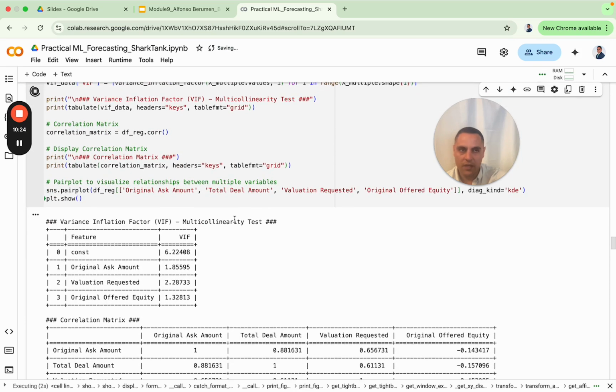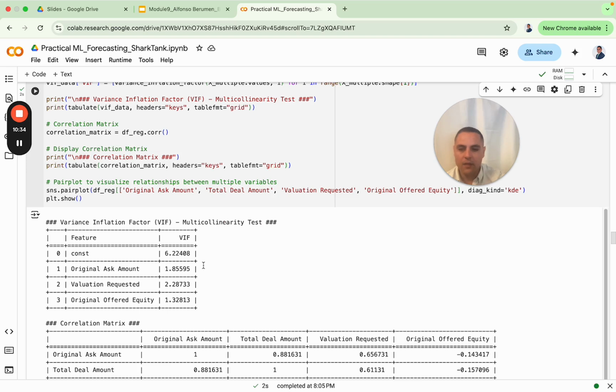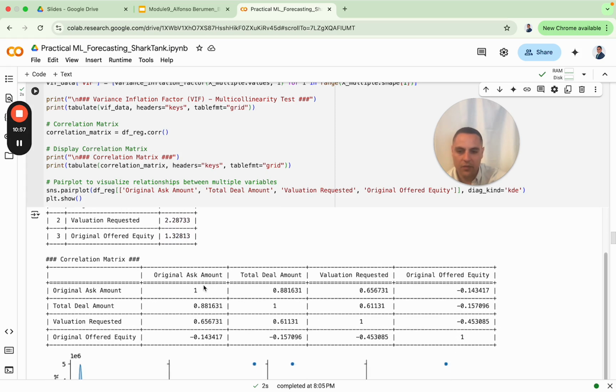One way to do this is looking at the VIF score. There are different thresholds that are used for VIF. Generally, greater than 5, we should have some concerns. Over 10, definitely multicollinearity is happening. So we don't really have any issues, right? You can ignore the constant. We're all below 5, definitely below 5, so we can ignore that.